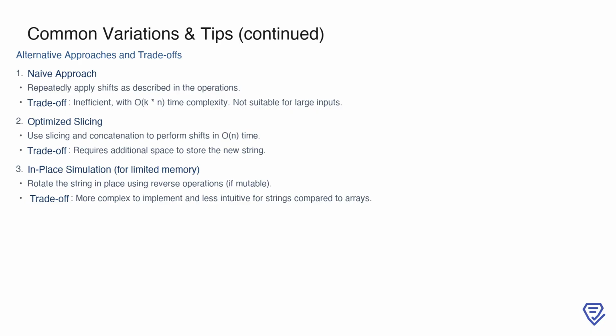However, this method requires additional space to store the new string. For scenarios with limited memory, an in-place simulation may be used. This involves rotating the string in place using reverse operations, though it's more complex to implement and typically less intuitive for strings compared to arrays. Each approach has its merits and drawbacks, so the choice depends on the constraints of the problem and the resources available.